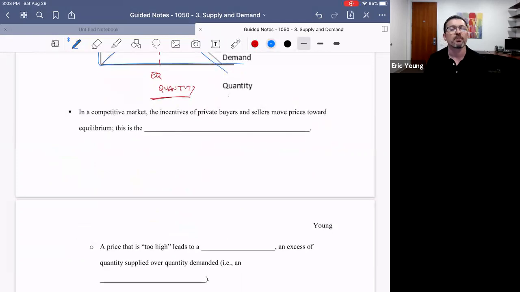So the equilibrium point is really important, but that leads to another question. How do we get there? You know, the reality is markets don't just emerge at equilibrium. In fact, if you really wanted to be precise about it, no competitive market ever really hits its equilibrium.